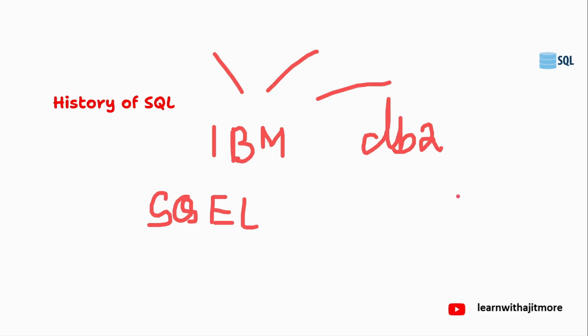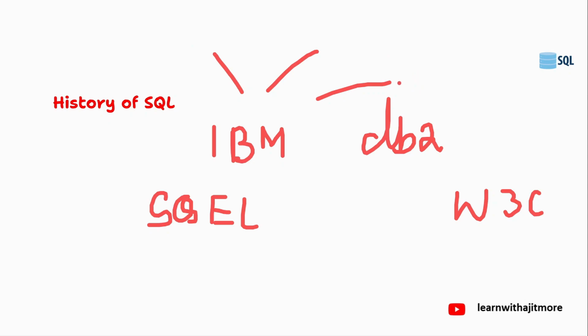Like for the web, we have a standard like W3C, right or no? All the web browsers follow the standardization given by W3C, that is the World Wide Web Consortium. In the same way here, the ANSI and ISO committees were set up. Then they created standard keywords, standard grammar, and then all database management companies started following that standardization.